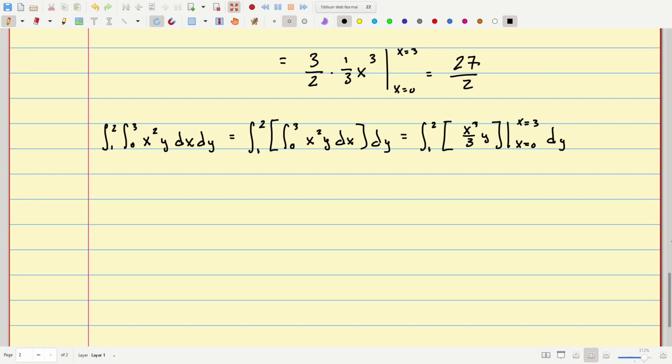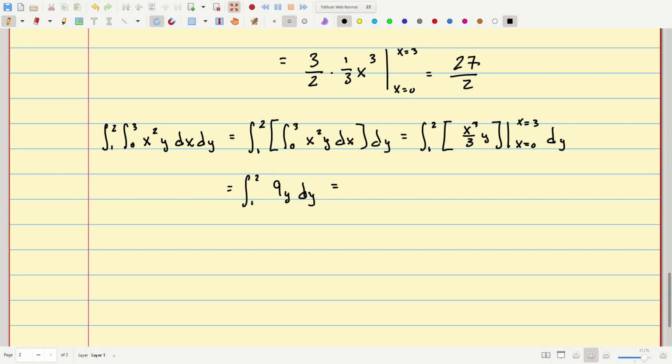So what we're going to get here is, we plug in 3, we get 27 over 3, which is 9. So we get the integral from 1 to 2 of 9y dy. If I plug in 3, I get 9. If I plug in 0, I get 0.